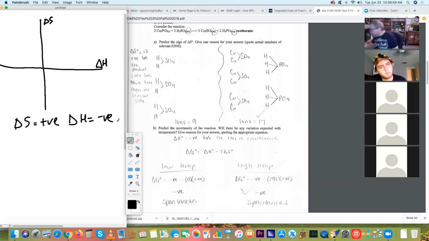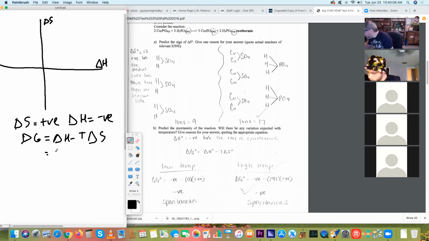Now, the equation that's in play here is delta G equals delta H minus T delta S. Delta H is a negative value. And T delta S is T times a positive value. T in and of itself is always going to be positive, every single time, because T is in Kelvin, and Kelvin is always a positive value.